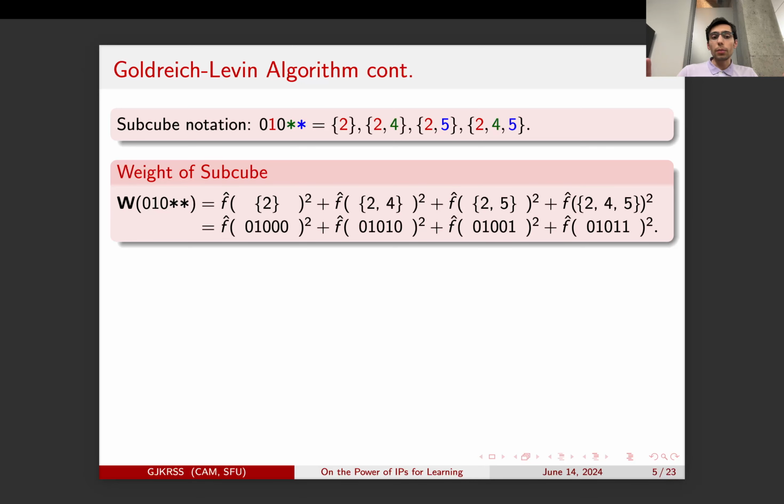The weight of this subcube is the sum of the squares of these coefficients. Here these sets correspond to these Fourier coefficients, and we can view them in their equivalent form of bit strings. I will use the term coefficient to refer to these bit strings, and I will use the term coefficient value to refer to the actual real number that corresponds to this coefficient.